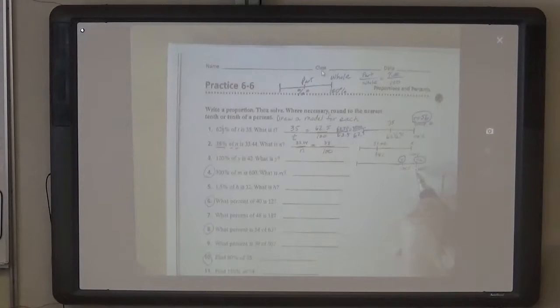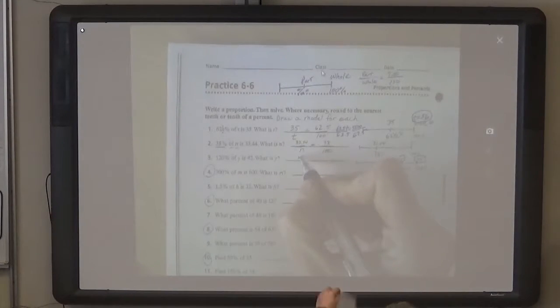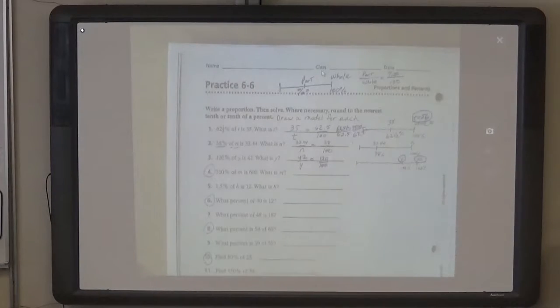So we still write the proportion using those numbers. The part, 42 over y, is equal to the percent number, 120 over 100. And then solve it. See if you got that one right.